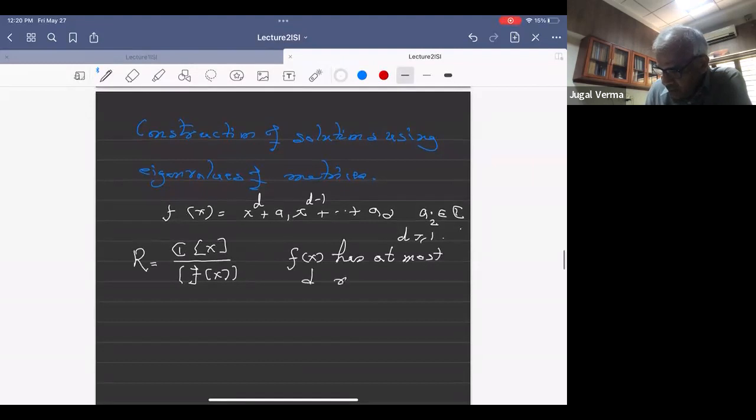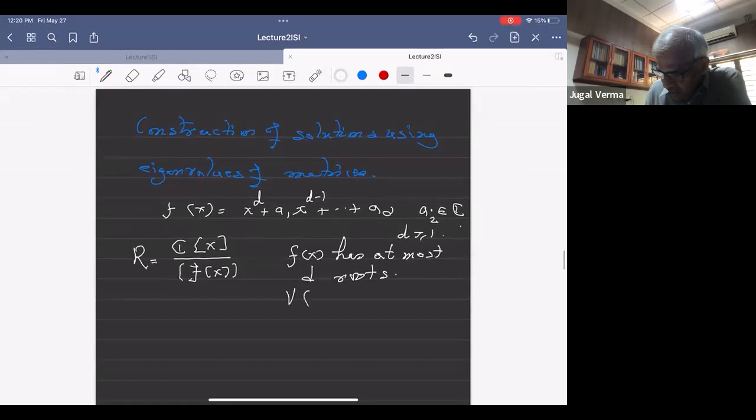So the variety of the ideal generated by f(x) is finite. So R mod I is a finite dimensional vector space. Dimension of R mod I is finite. In fact, in this case, it is equal to d.